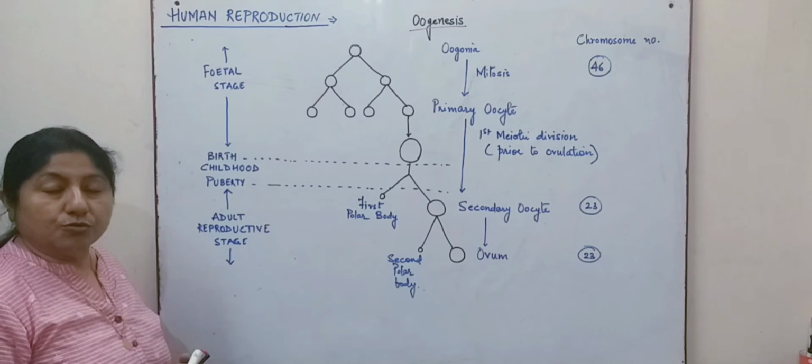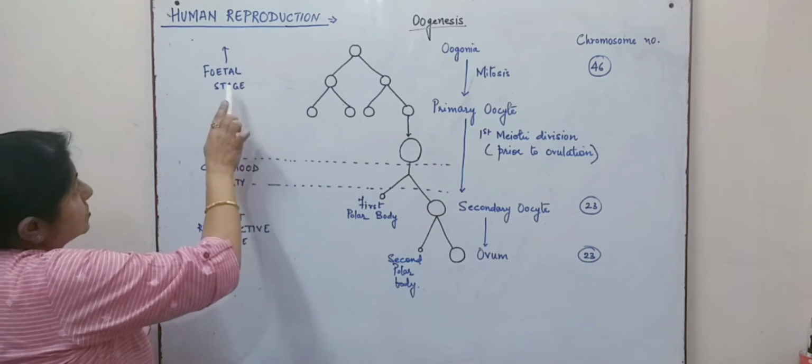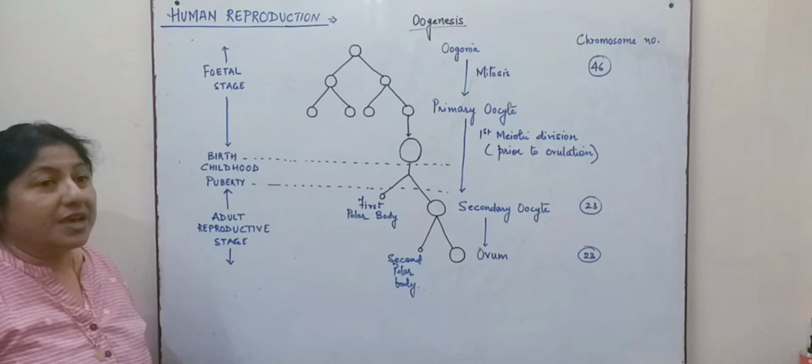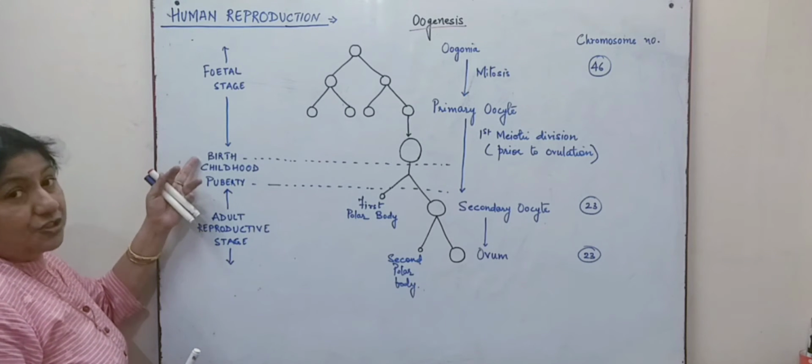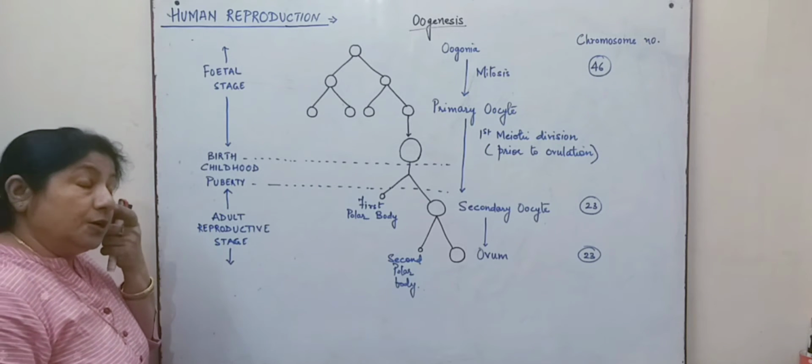Now coming to oogenesis, we have divided this into three major stages. That is the fetal stage and the birth, at which the process stops and then continues only after the puberty.